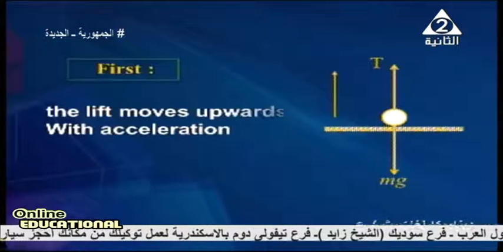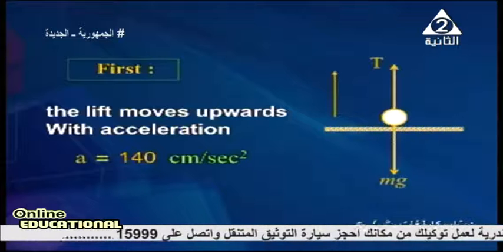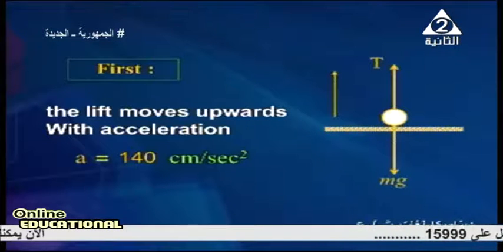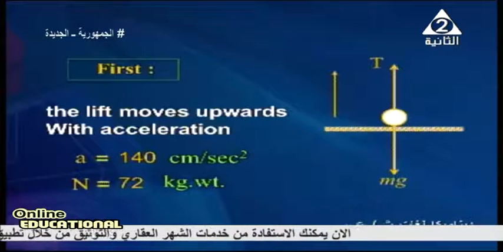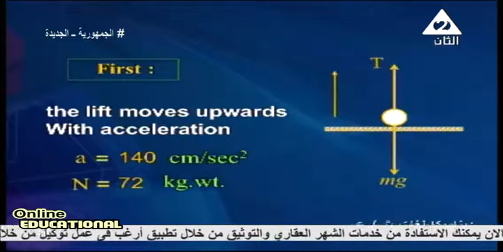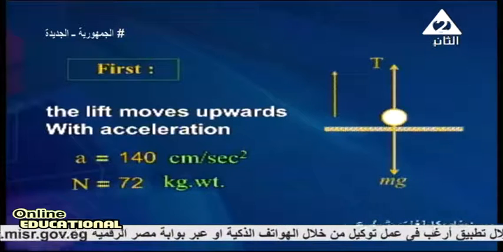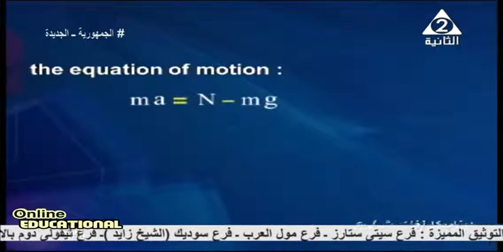Then the equation of motion of this body, knowing that the acceleration equals 1.4 meter per second square or 140 centimeter per second square, and the pressure N equals 72 kilogram weight. Then the equation of motion is MA equals N minus mg.